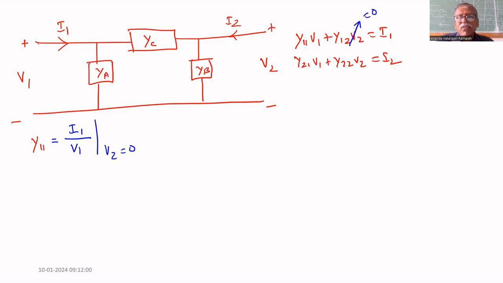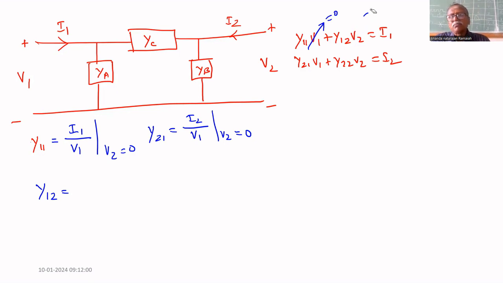In the same way, we can find Y21 also. Y21 equal to I2 divided by V1 provided V2 equal to 0. What is Y12? Y12 equal to when V1 equal to 0. When V1 equal to 0, you can find V2.